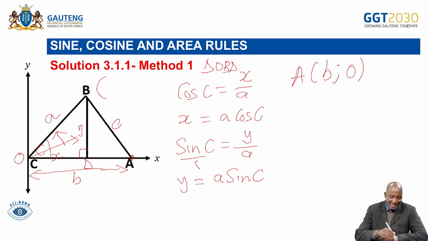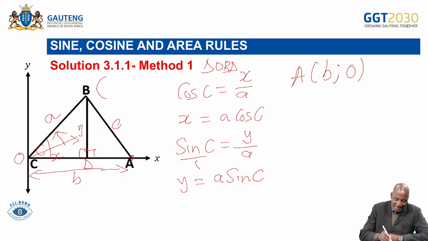I'm using triangle OBD to find the missing sides: vertical distance from D to B, horizontal distance from O to D. I'm taking advantage of that right-angled triangle so that I get to know the coordinates of B.